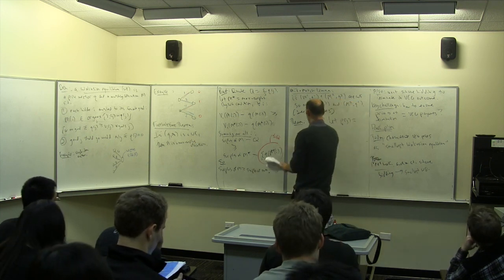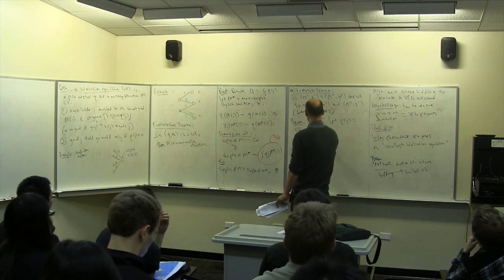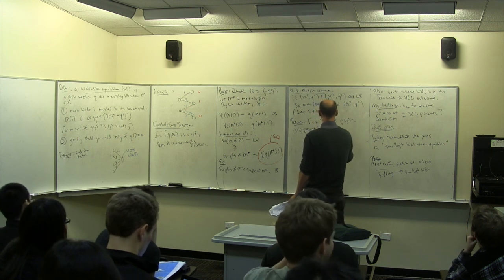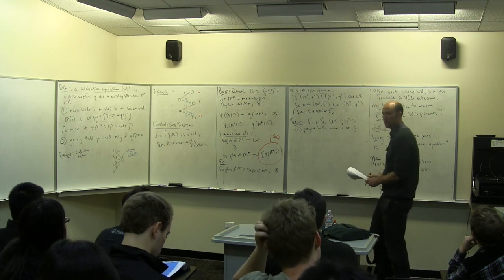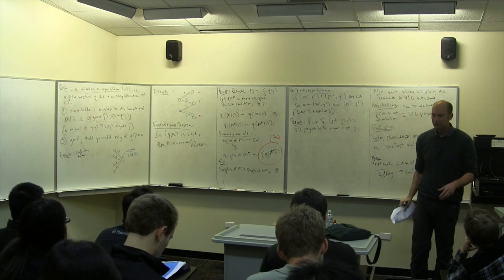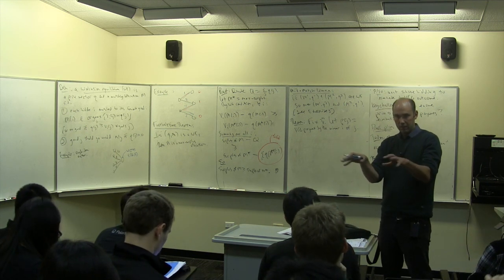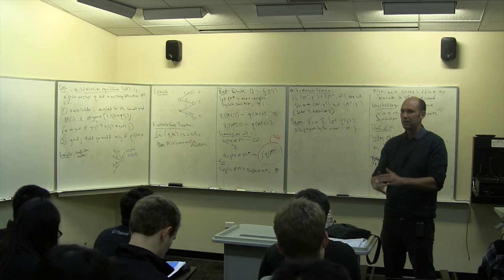Let P of J be the VCG payment by the winner I of J. Just to be clear, in Walrasian equilibria the prices are on goods, not on the bidders. VCG assigns payments to the bidders.